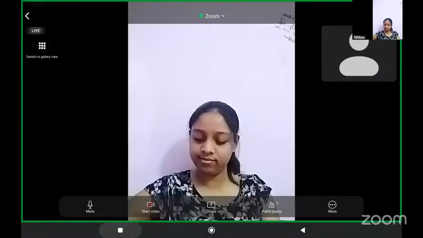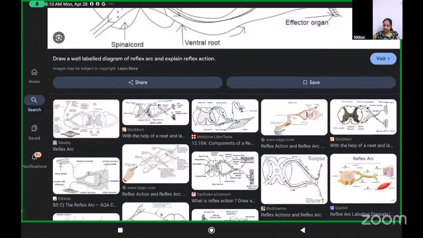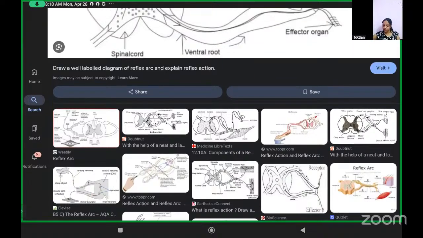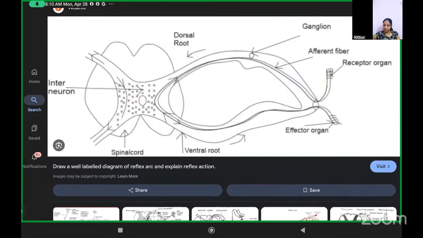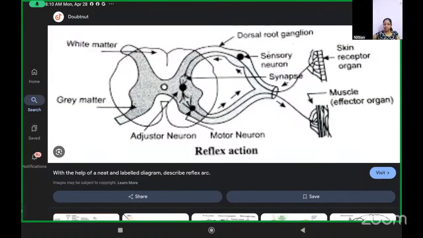No, it is the reflex action diagram only. Neuron is different. Can you see? This is the diagram they are referring to.